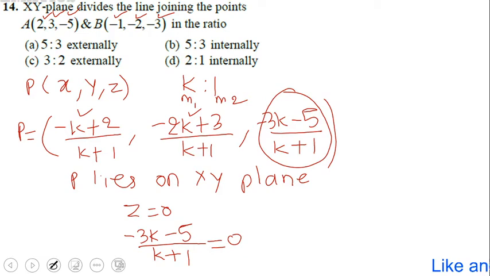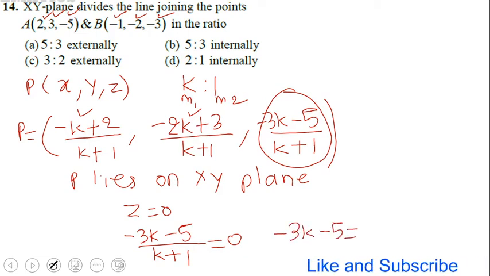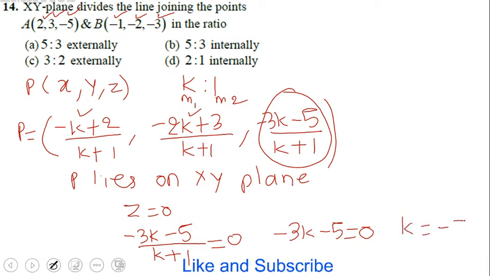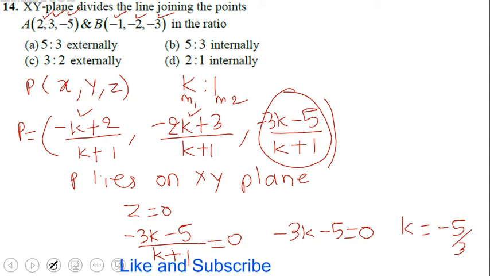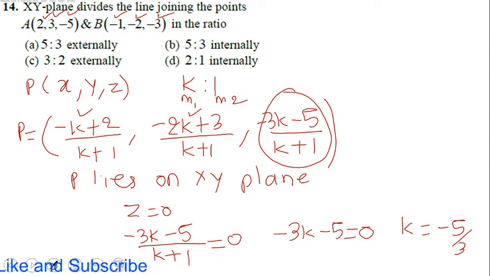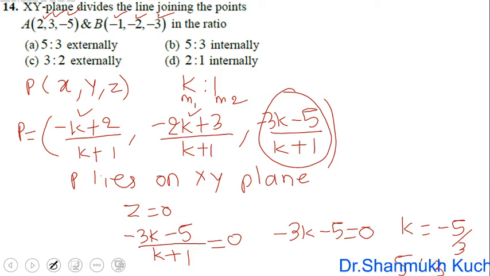We simplify it: 3k minus 5 equal to 0. Therefore the solution for k is minus 5 divided by 3. The negative sign shows that it will cut externally, in the ratio 5:3. So option A is the right answer over here.